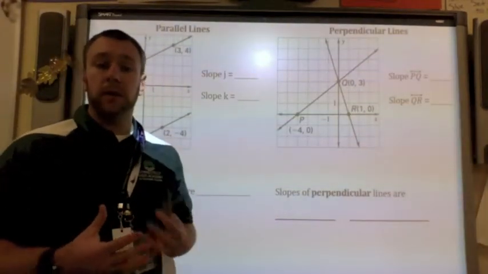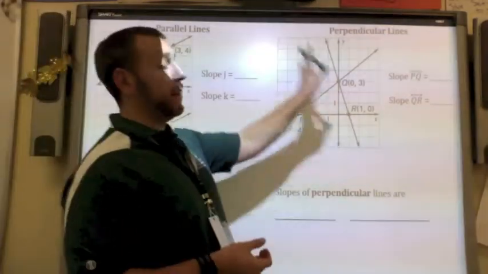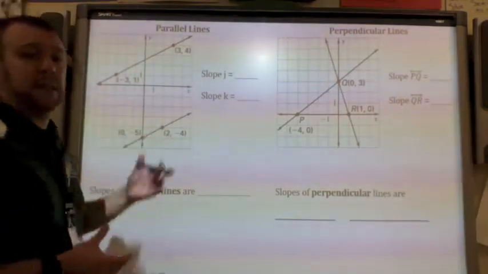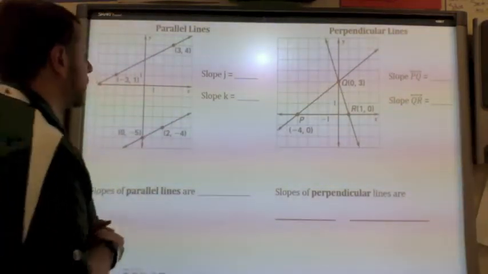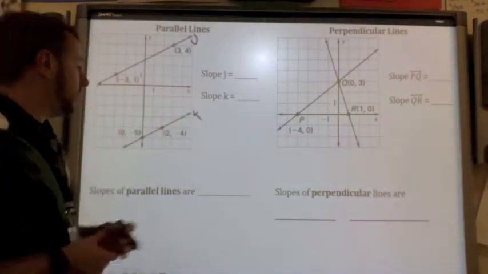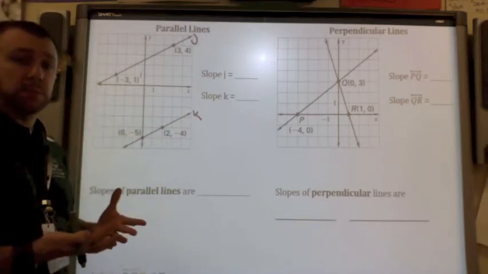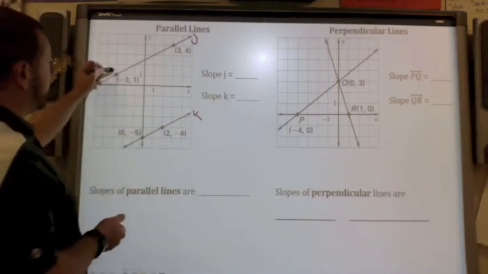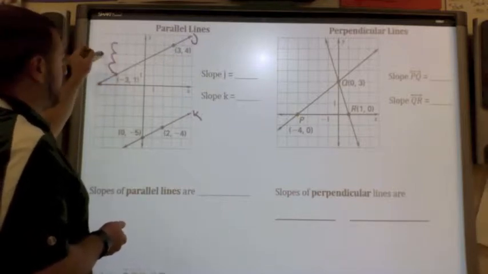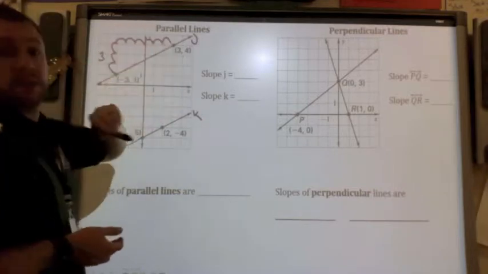So the big part of this video is the slopes of parallel and perpendicular lines. Okay? So parallel lines are lines that are never going to touch. So this line J here and this line K, I'm just going to label that. And all I'm going to do is find the slope of each one of those. So J, I'm going to go from this point, up 3, over 1, 2, 3, 4, 5, 6. Okay?